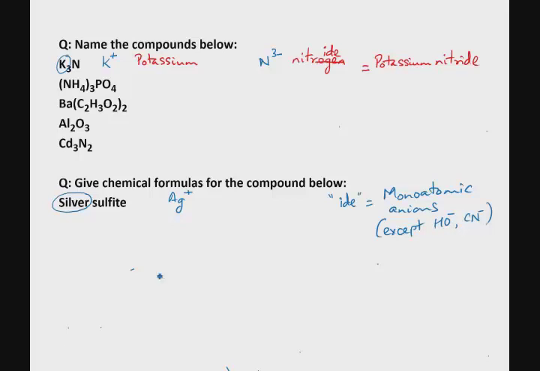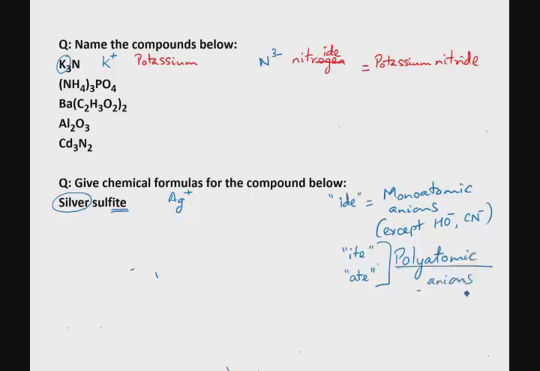But then this anion is ending with ITE. So anion names that end with ite or ate, these without exception are always polyatomic anions.